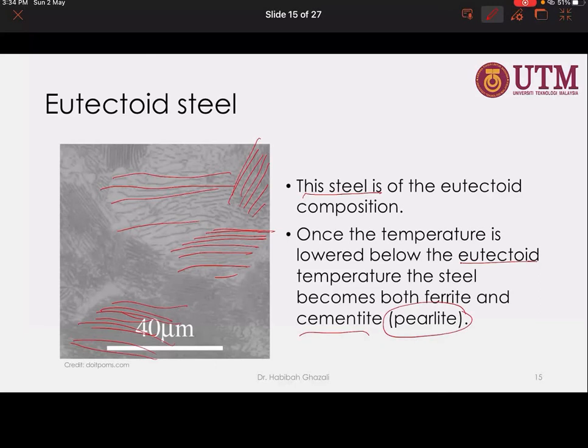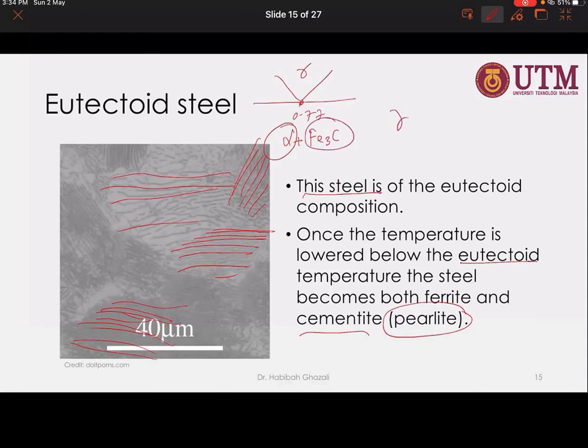So remember from the phase diagram, where the composition is 0.77, above this temperature it is gamma or austenite, and below this temperature you get alpha plus cementite. There are two phases: one is solid alpha, one is cementite.